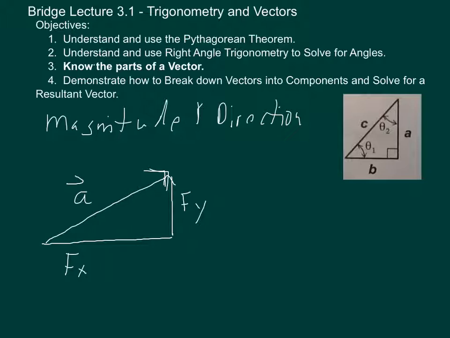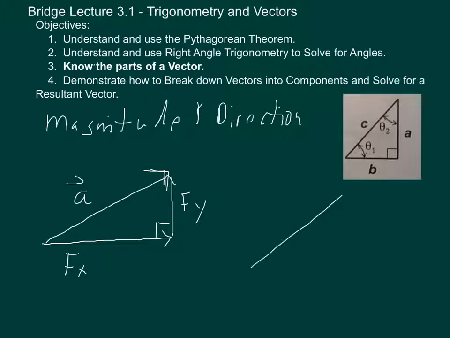The way you draw this triangle is you start at the tail of your resultant vector, and this is one vector going to the right. The second one, f of y, is going straight up, and it meets at the tip of the arrow. You notice these two, f of x and f of y, have both magnitude and direction.